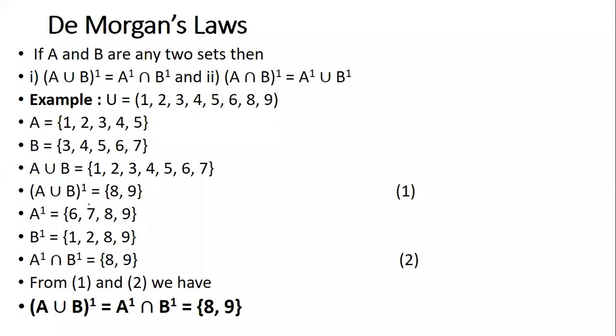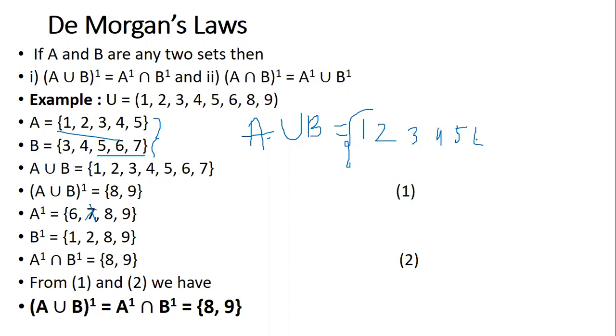Okay. So first we have to find out A union B. Please listen. First we are supposed to find out A union B. Now finding A union B is as usual. We have set A, we have set B. So let's find out what is A union B. First we will write all the elements from A. So I have 1, 2, 3, 4, 5, 6 and 7.